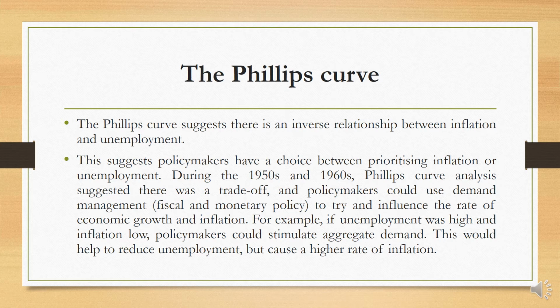During the 1950s and 1960s, Phillips curve analysis suggested there was a trade-off and policymakers could use demand management to try to influence the rate of economic growth and inflation. For example, if unemployment was high and inflation low, policymakers could stimulate aggregate demand. This would help to reduce unemployment but cause a higher rate of inflation.